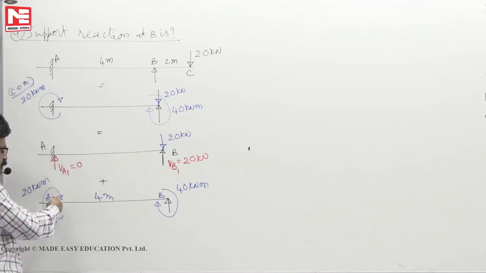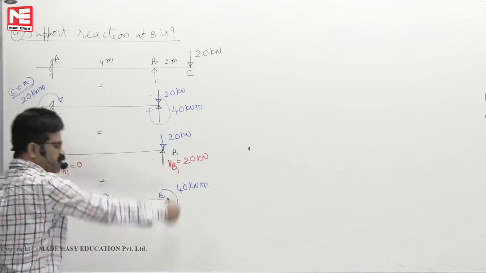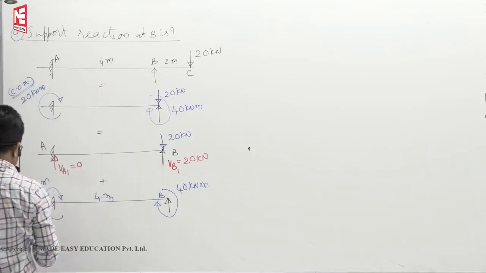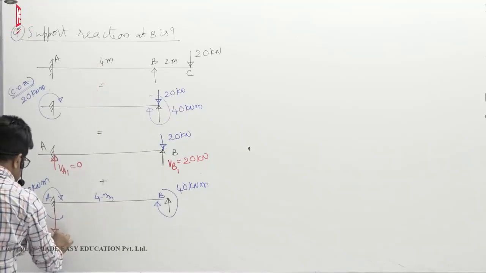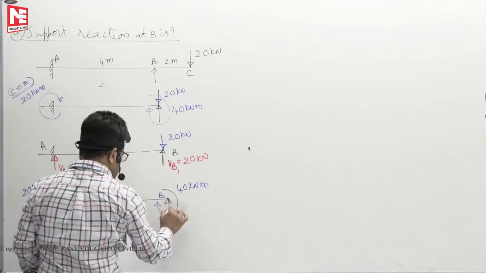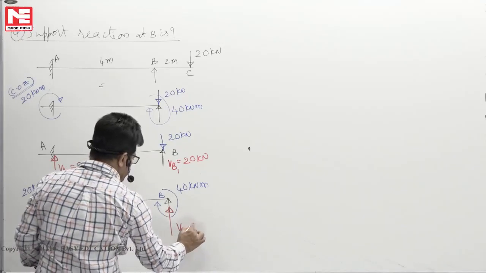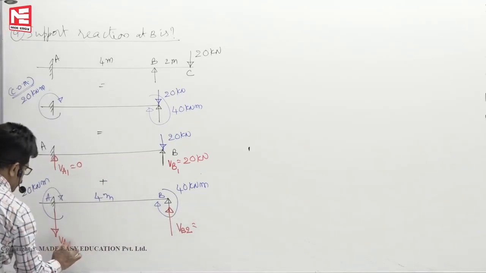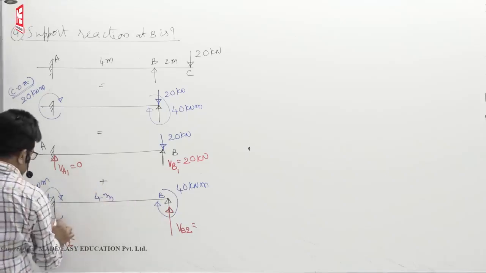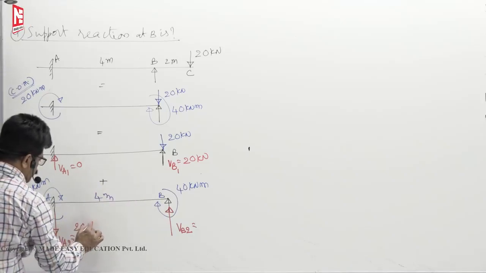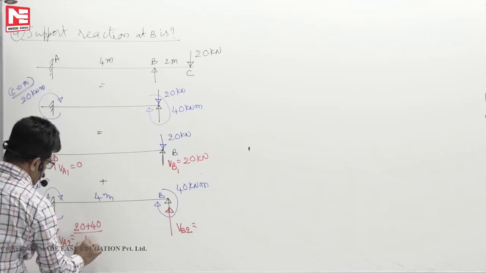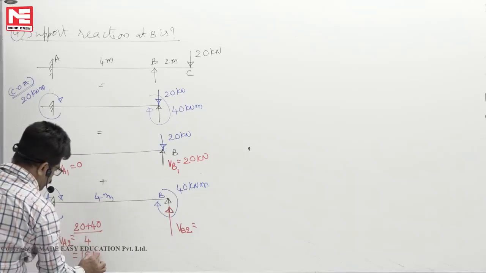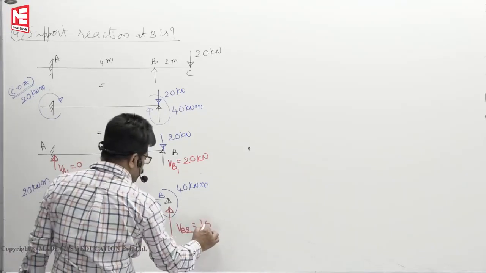See how our fingers are moving. Anti-clockwise means down, up. So here it should go down. Here it should go up. Let us call it VB2. This we call VA2. So M by L, we know total moment is 20 plus 40, 60 by 4. So you will get 15 kilonewton down, 15 kilonewton up.